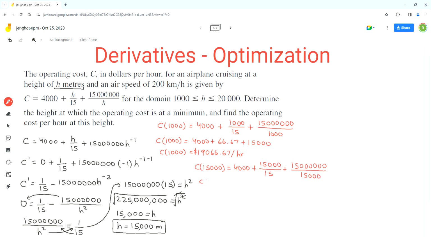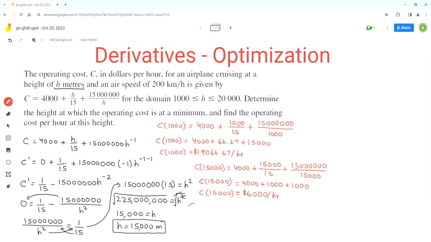Now we can simplify this expression. So C at 15,000 is equal to 4,000 plus 1,000 plus another 1,000. So we get C at 15,000 equals 6,000, and the unit will be dollars per hour.